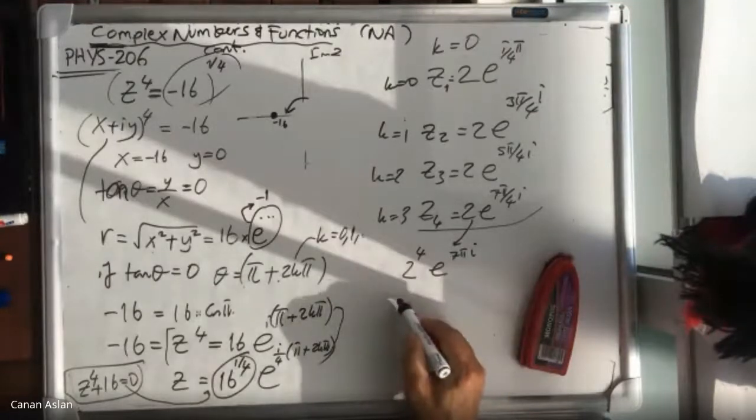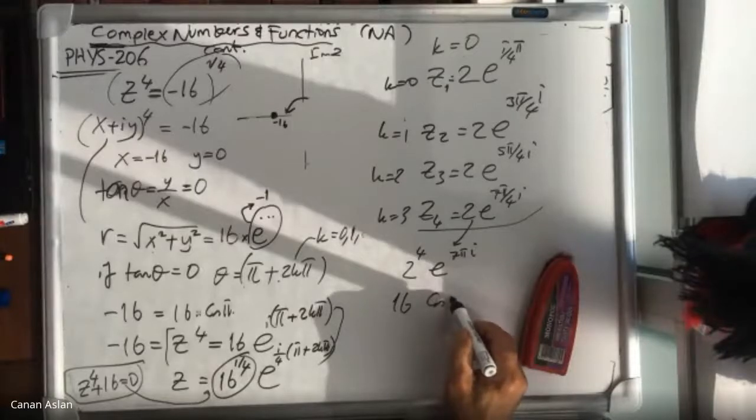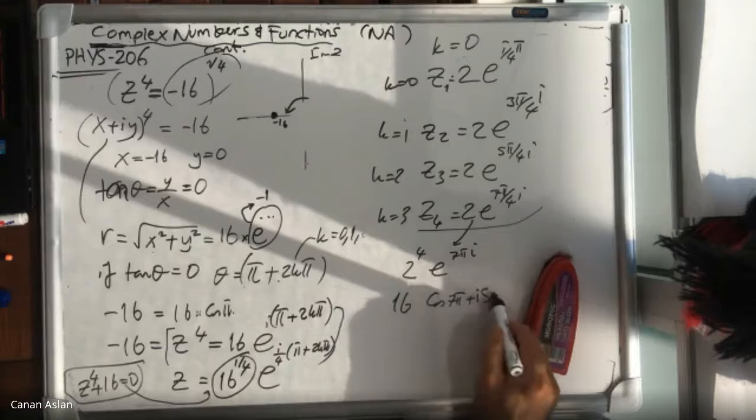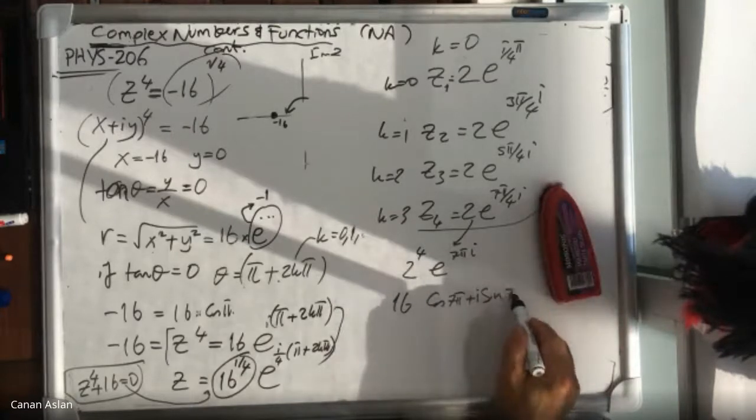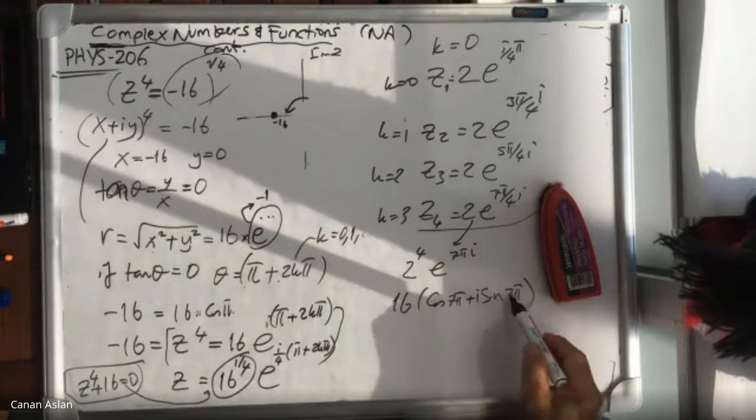This is now 16 times cosine of 7 pi plus i sine 7 pi. So this is the odd multiple of pi.